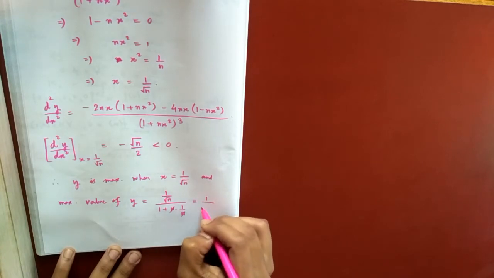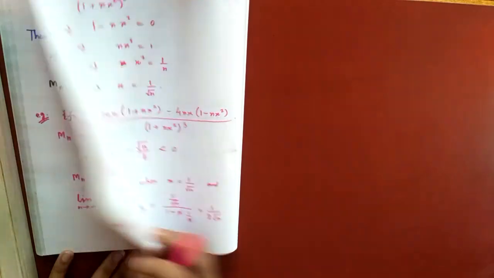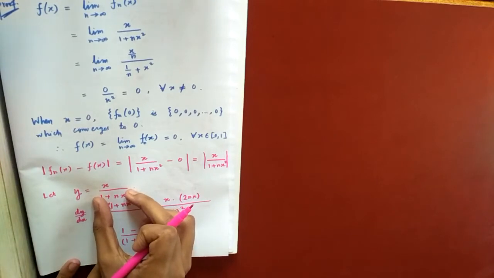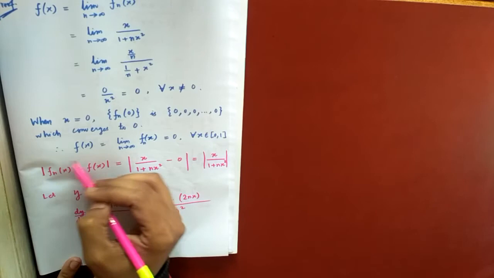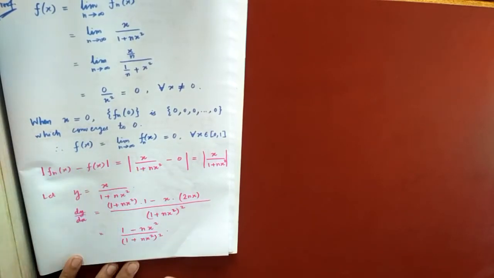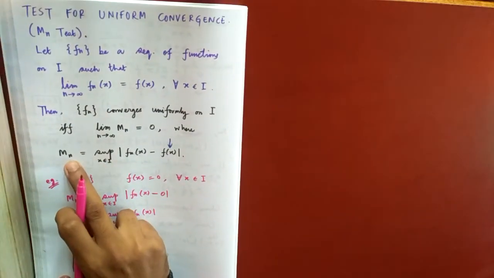It will become 1 by 2 root n. So the maximum value of this quantity is 1 by 2 root n, and we call that maximum value Mn.